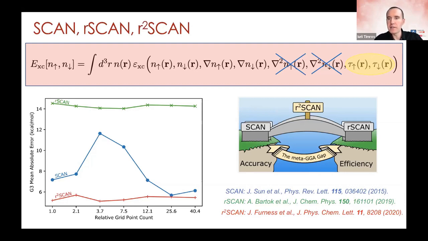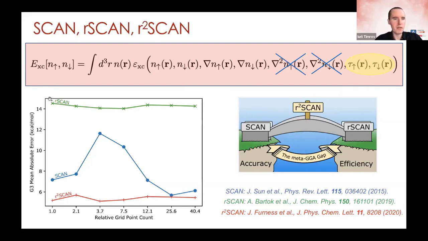However, it violated some known constraints, so we lose a little bit in terms of accuracy. And then later on, people tried to use the best of two worlds, the accuracy of SCAN and at the same time the numerical efficiency of rSCAN. So r2SCAN was introduced, which bridges accuracy and efficiency.